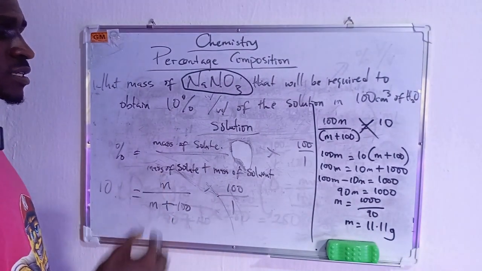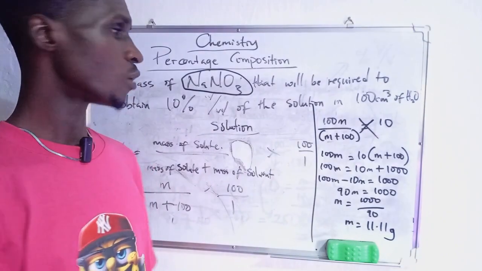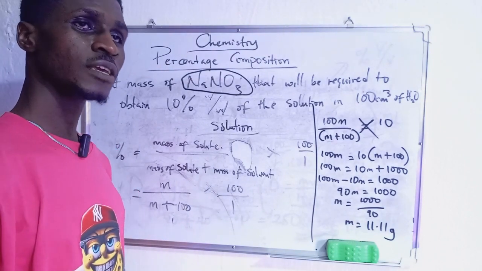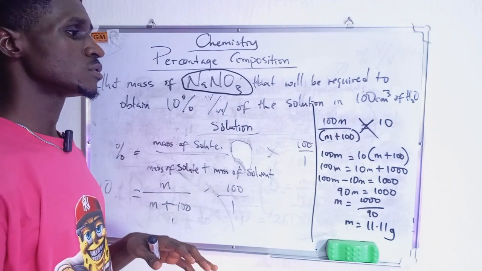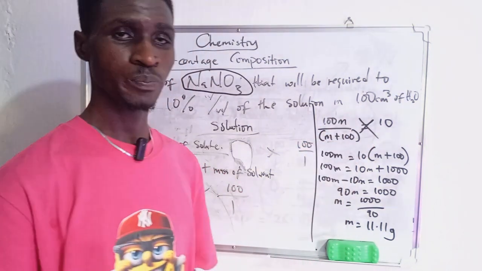So it means that in practical, you are going to weigh 11.11 gram of sodium nitrate, and then you place it inside a volumetric flask graduated to 100 cm cube.